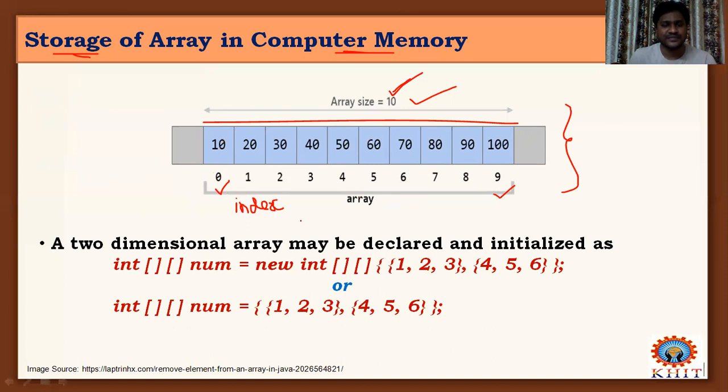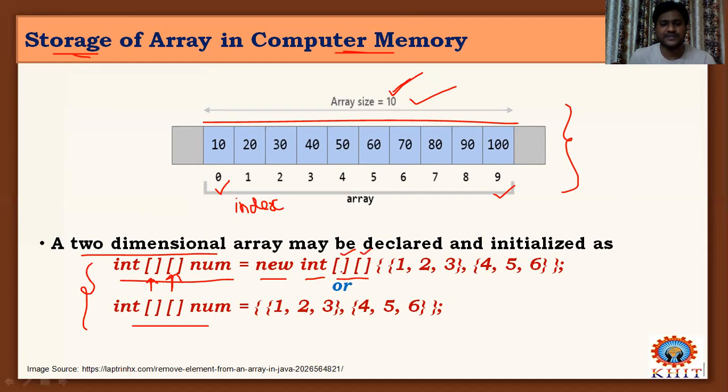Right, got it? For example, when you come to the case of initializing and declaring a two-dimensional array, this is also a type of declaration of an array element, and these two statements will work the same. In the declaration of the num array, a two-dimensional array, we have used two square brackets to represent that the array being declared is two-dimensional. The new keyword allocates memory, followed by the type integer and specifying size here.